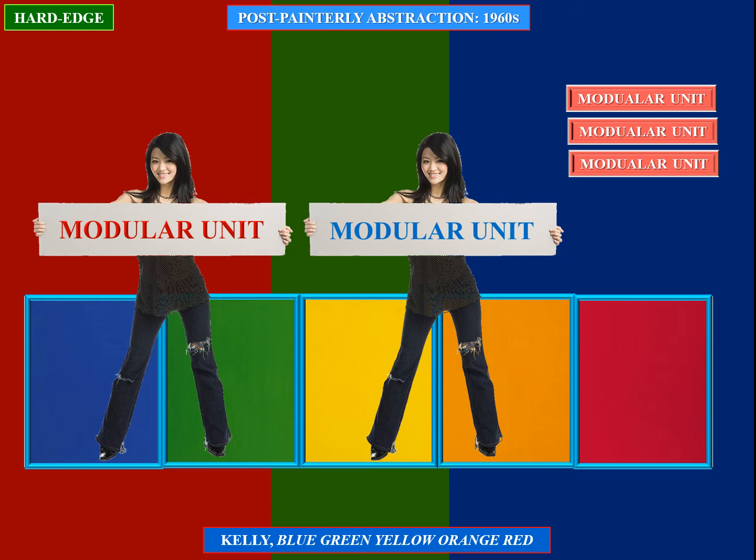From the 1960s on, it really becomes an aesthetic component of the art that we in America are used to or accustomed to seeing. When you have these repeated modular units, it's called modular painting. Or if it's sculpture, it's modular sculpture.